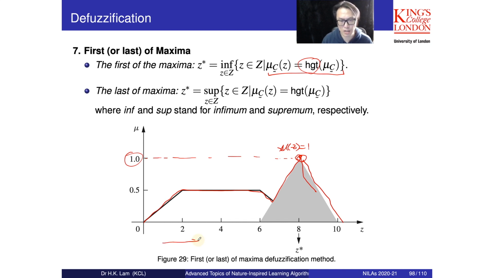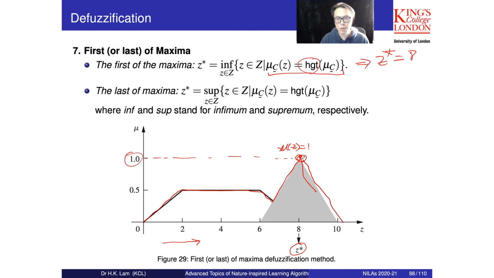I find the first value of z which gives you the maximum height of this membership function, and I take this to be the z star. So right here, when I apply this equation, z star is 8.